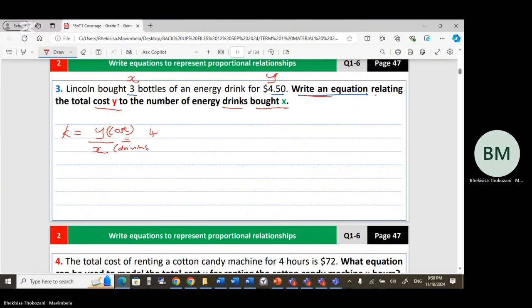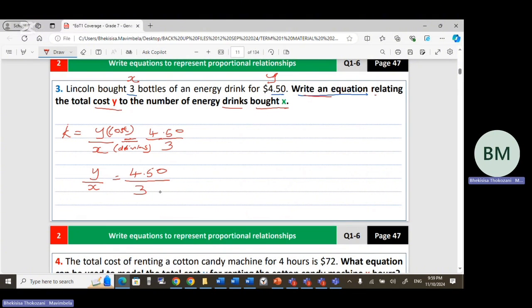Okay, so that you don't get confused. Why am I choosing these? Because they told me in the statement. So this is 450 divided by 3. Y over X. So my Y is 450 divided by X, which is my drinks, and which is 3.